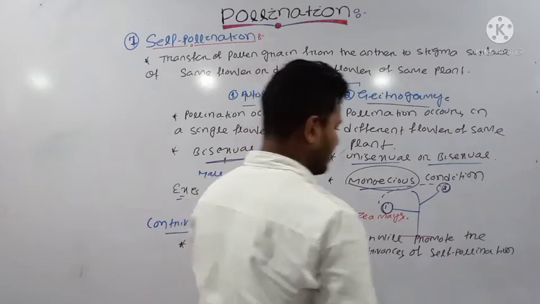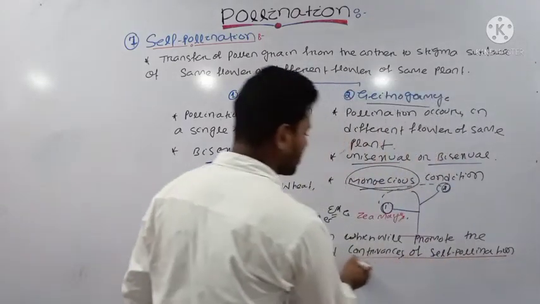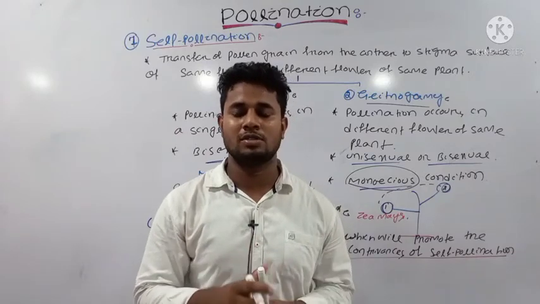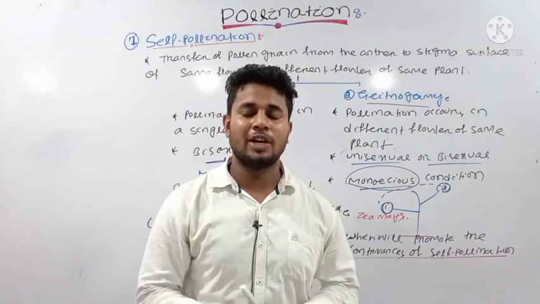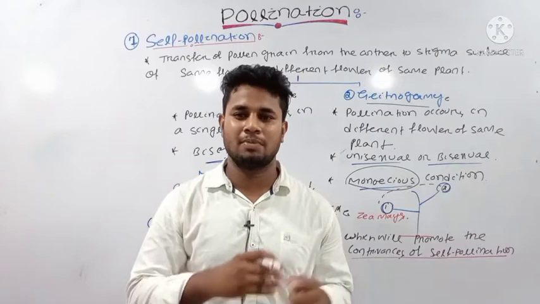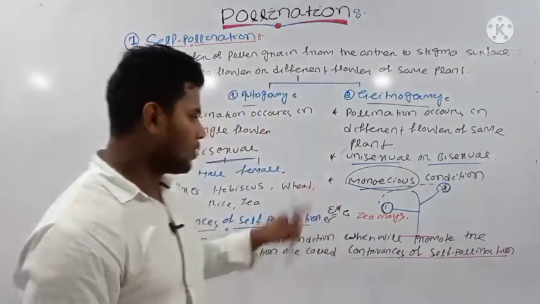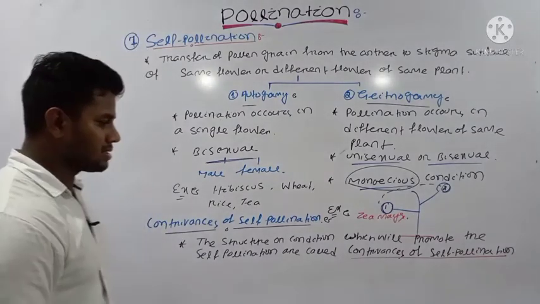Clear? And basically you will find different types of contrivances in the self-pollination process. One is your chasmogamy, then your geitonogamy, and several other different types of contrivances are present. Okay, note down these points, then we will discuss the contrivances.